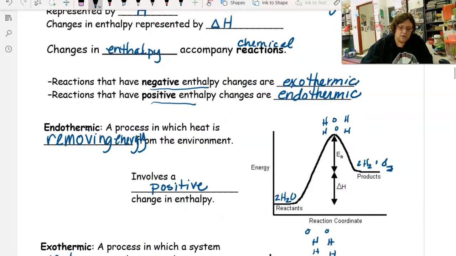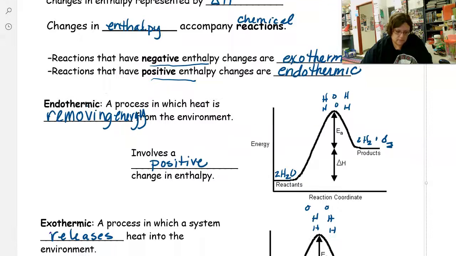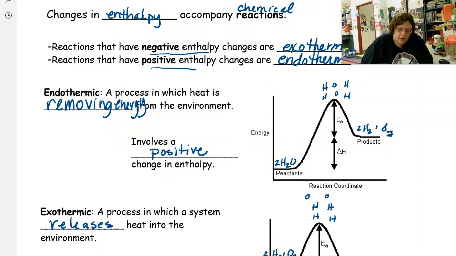This picture here, we have an energy graph drawn, and this is time, basically. If we start with water, in order to break the bonds between hydrogen and oxygen in the water molecules, we have to add that total amount of energy.